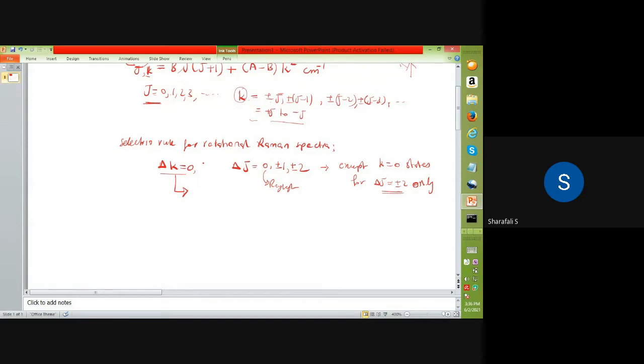That is the meaning of delta K equal to 0. This means the change in angular momentum, meaning because of that rotation. Okay, change in angular momentum.